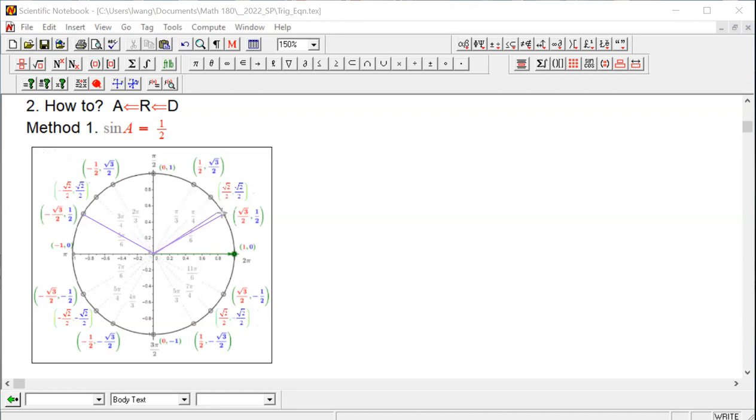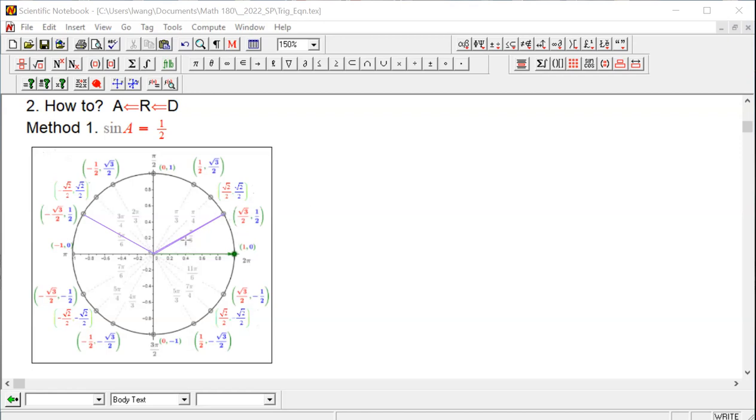Let's see if there's any pattern. We're going to find the patterns. When we try to find the patterns, we see, look at that. On this first terminal in the first quadrant, how do I describe all the angles that terminate on it?